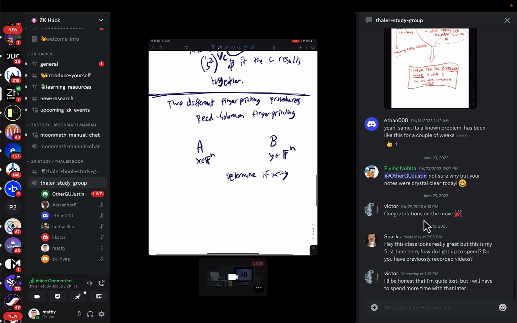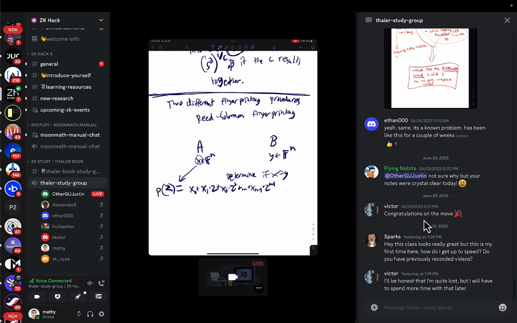Okay, and the way Reed-Solomon fingerprinting works is as follows. Alice interprets her vector X as a polynomial P sub X. Let me just call it P. So P of, let's say, Z is x0 plus x1 times z plus x2 times z squared, up to x_{n-1} times z to the n minus 1.